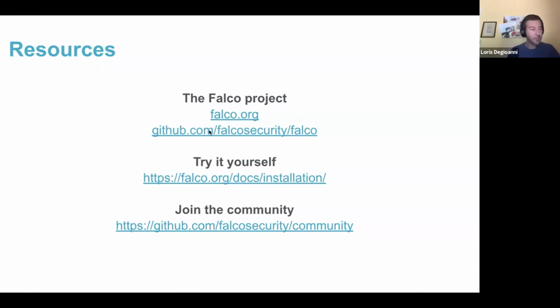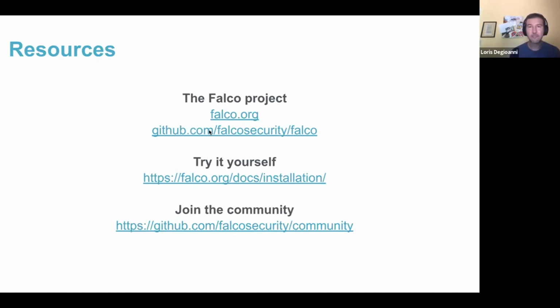But for, let's say, commercial use, you can come to Sysdig for both essentially support with running Falco as an independent tool, or for commercial tools that are based on top of Falco.